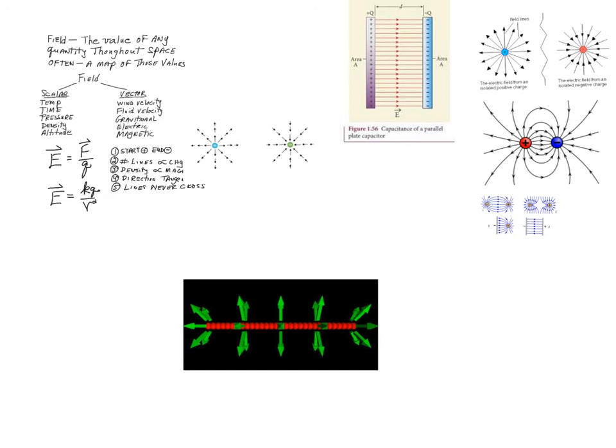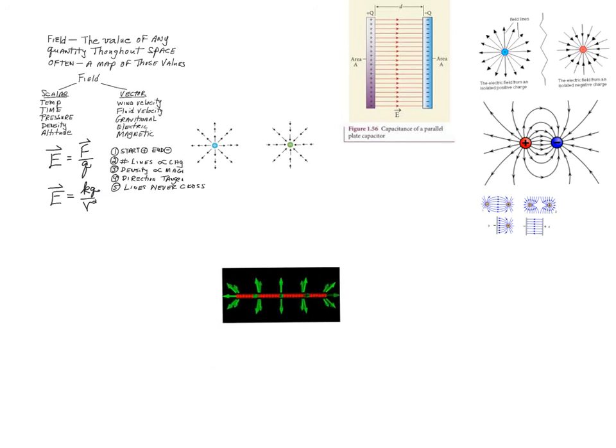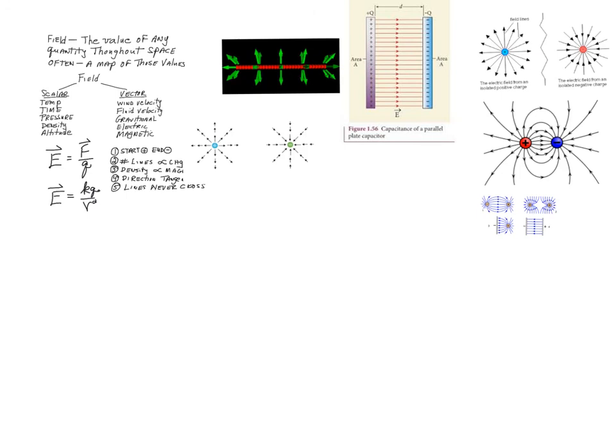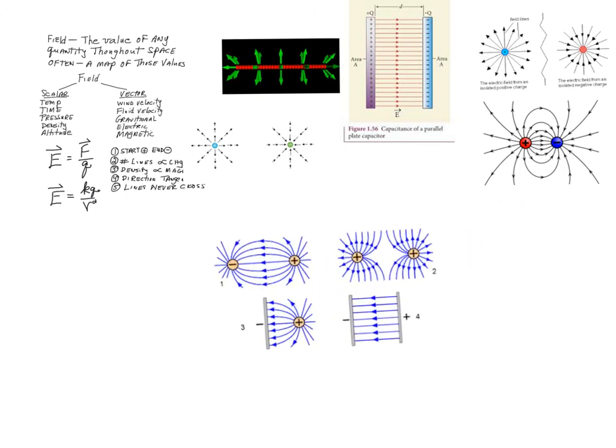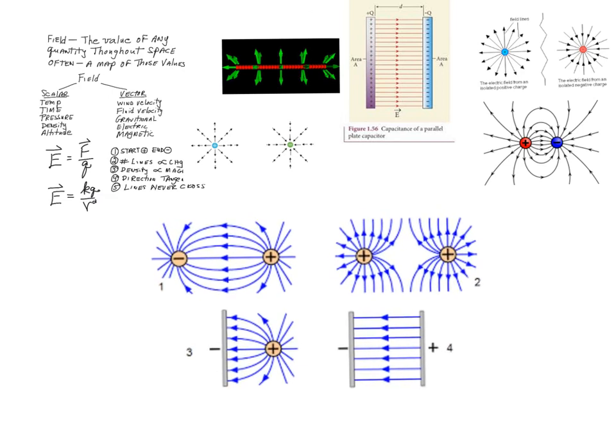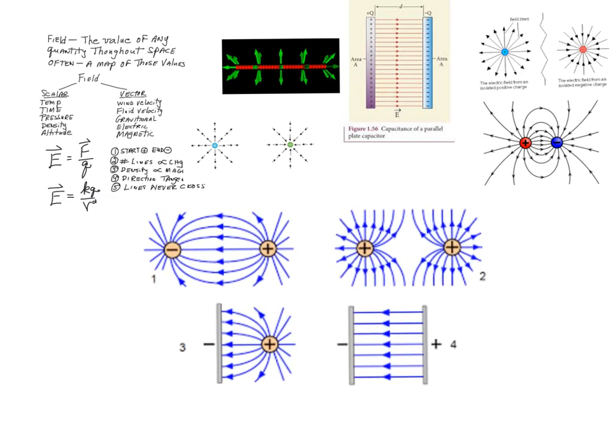So it's good to be able to visualize what the field due to a charged rod looks like. And the final one is two plates. Well, let's look at this actually. This is another useful example.